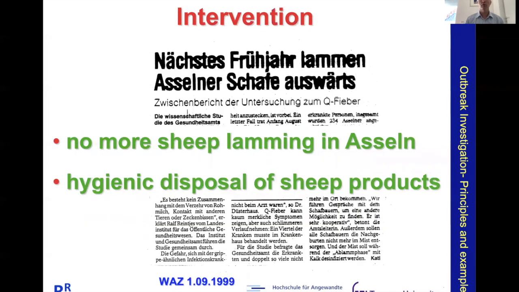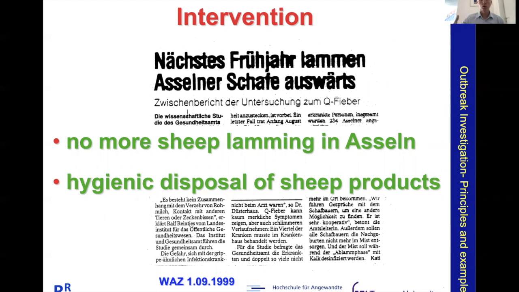So we could identify this, and based on this, the health authority put out a ban, so no more sheep lambing in this neighborhood, just outside where there are less people, and hygienic disposal of sheep products became mandatory for this region.